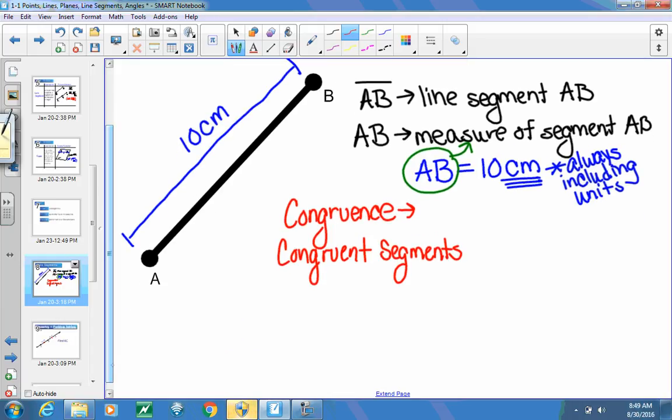When you're talking about congruence, what that means here is that we just have equal parts. And congruent segments means that you have 2 or more segments that have the same length or the same measure.